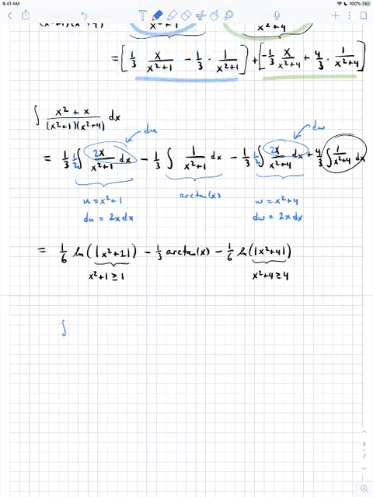The integral of 1 over x squared plus 4 dx. How do you go about doing a problem like this? Well, the idea is you want to make it look like 1 over x squared plus 1. So I'm going to factor out the 4. This is the integral of 1 over 4 times x squared over 4 plus 1 dx.